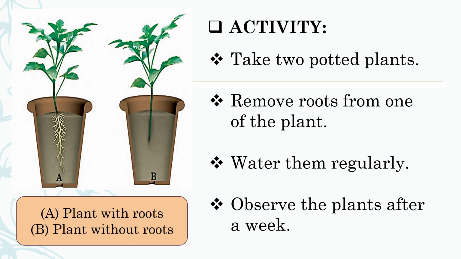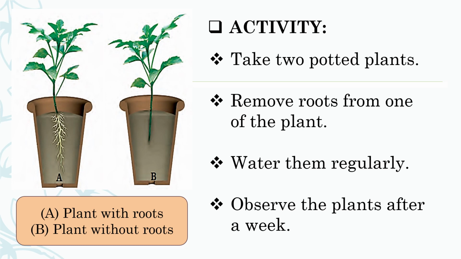To understand the functions of roots, you can perform a simple activity. What you have to do is, you have to take two potted plants and then you have to remove the roots from one of the plants.